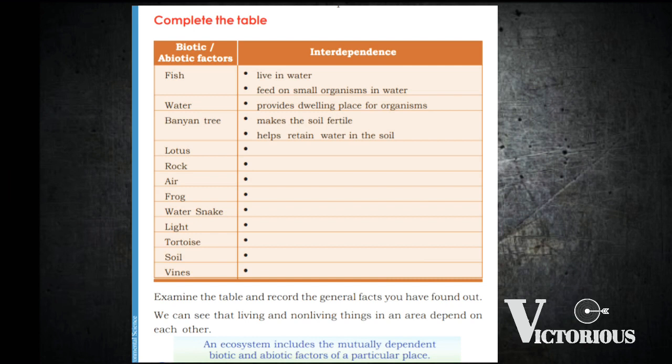We can see that living and non-living things in an area depend on each other. So you have to complete the table and also look at the box. What is an ecosystem? An ecosystem includes the mutually dependent biotic and abiotic factors of a particular place. So this box also you have to write in your diary.